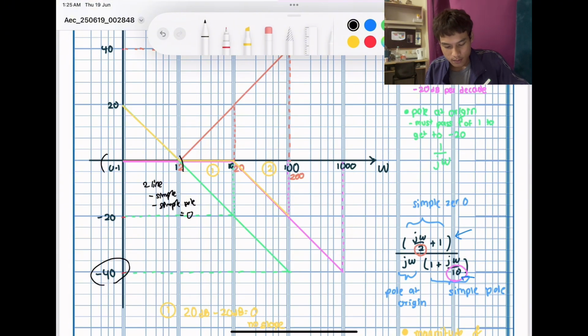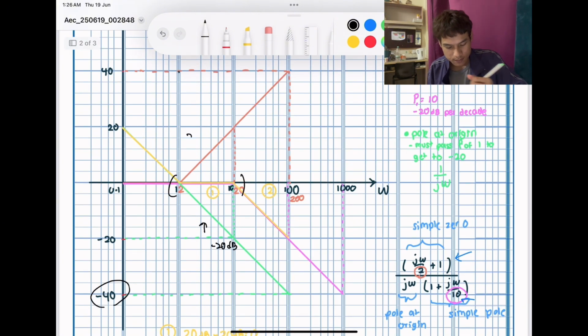Now we will look at the next range, which is 1 until 10 frequency. As you can see, the pole of origin has gone down until negative 20 decibels, and the simple 0 has positive 20 decibels, and the simple pole has 0.